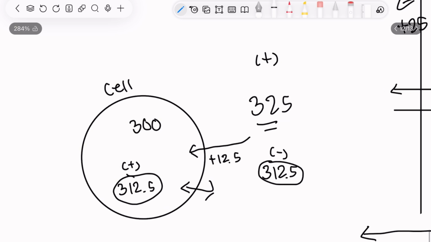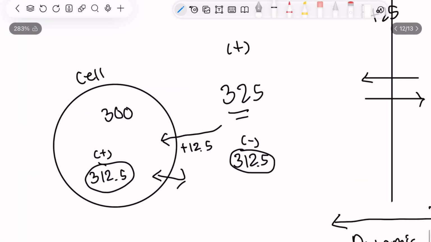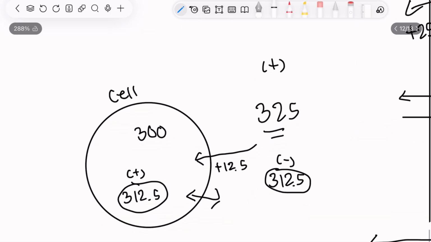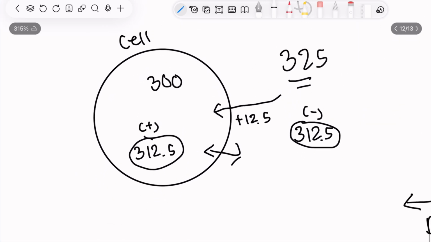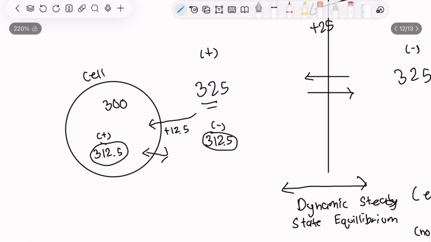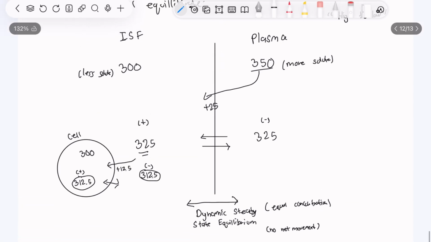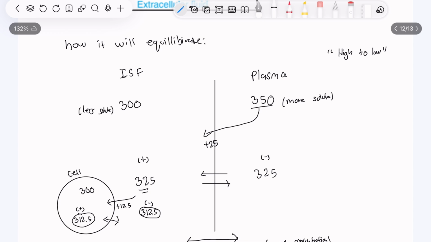So again, it's going to equilibrate over here. As you can see, the ISF gave 12.5 to the cell, and now the cell has 312.5 milliosmoles, and the ISF has 312.5 as well. Once they're at equal concentration, that is called the dynamic steady state equilibrium, and there is no net movement. And that's just about it for this slide. Hopefully that made sense.